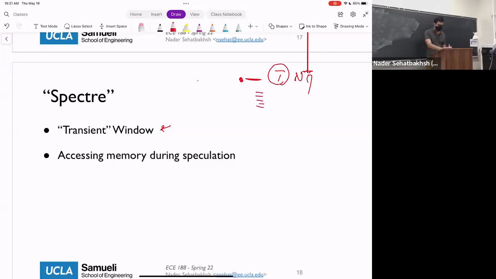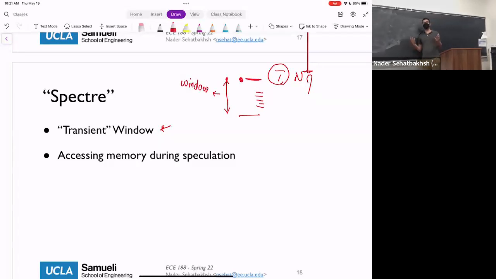The period during which we don't know the outcome of the branch is called a speculation window or transient window. It's a temporary window in which we're not sure whether the instructions we are executing are correct or not. This transient window depends on how long it takes for the branch to be resolved.